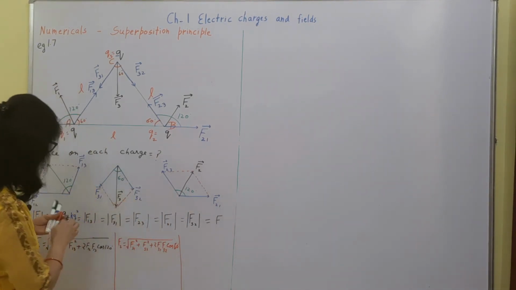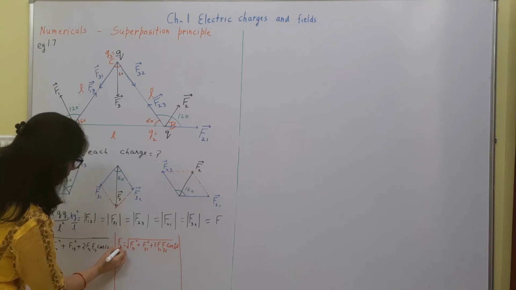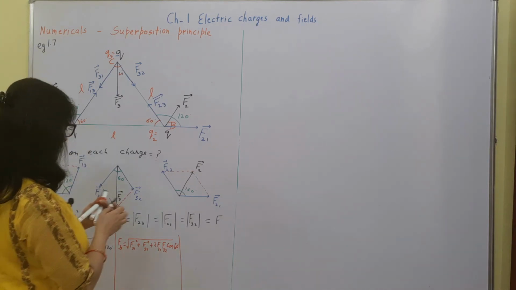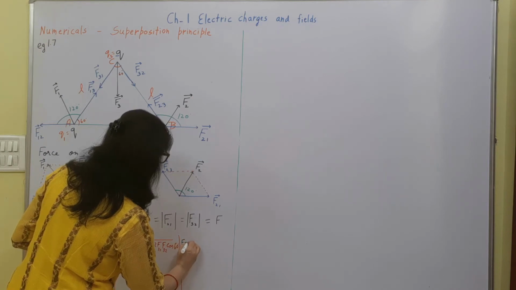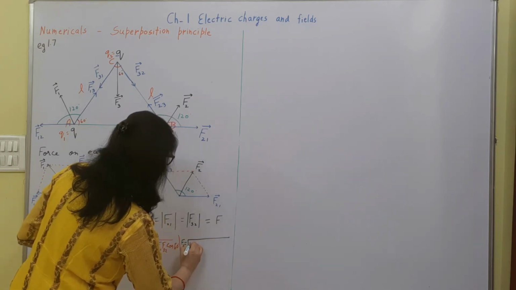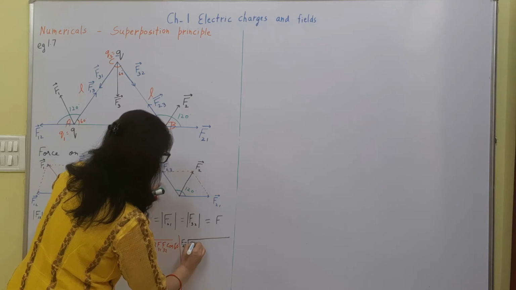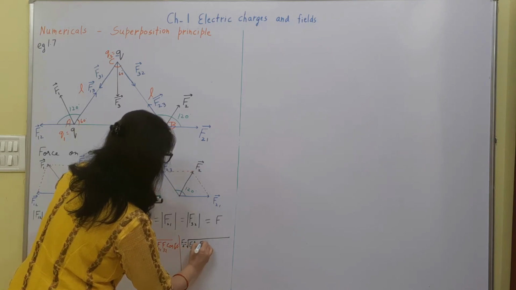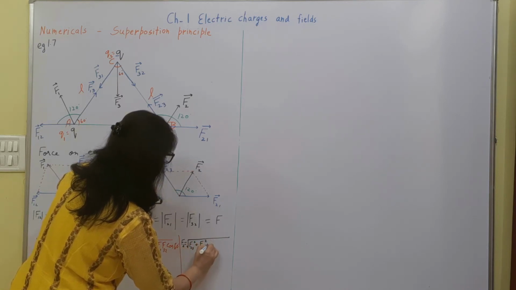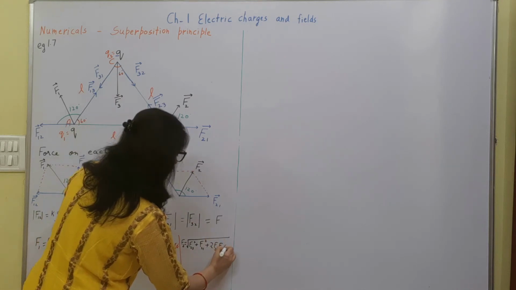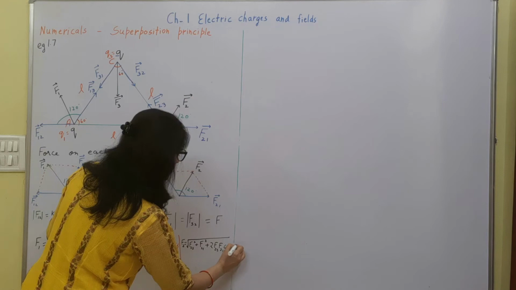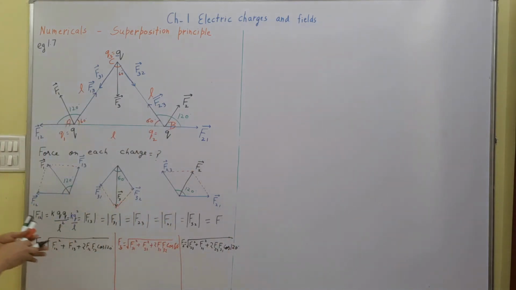We have marked this by F3. And for this, F2 magnitude will be under root of F23 square plus F21 square plus 2 F23 F21 into cos of 120 degree. Right?